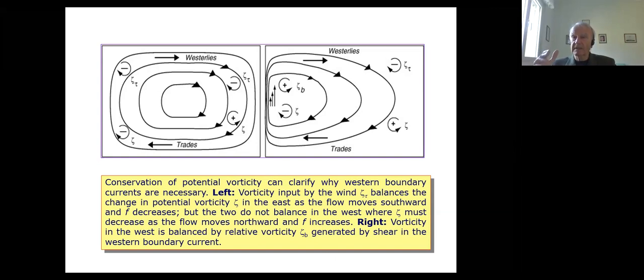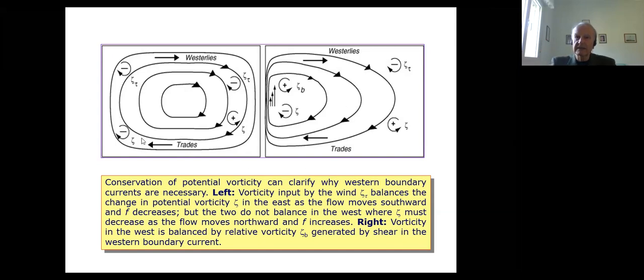And this positive shear then compensates for the input of negative vorticity from the wind field. And this is the only mechanism which enables the water to move northward along the western boundary. And this is why, due to the potential vorticity conservation law, this east-west symmetry is present.